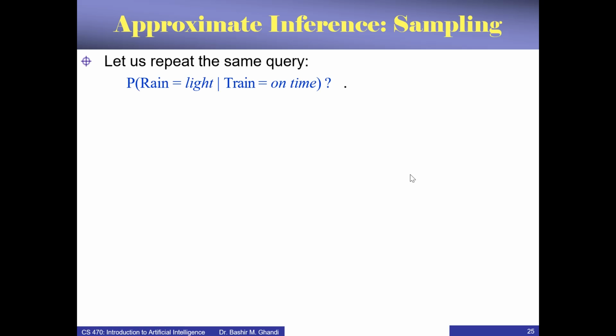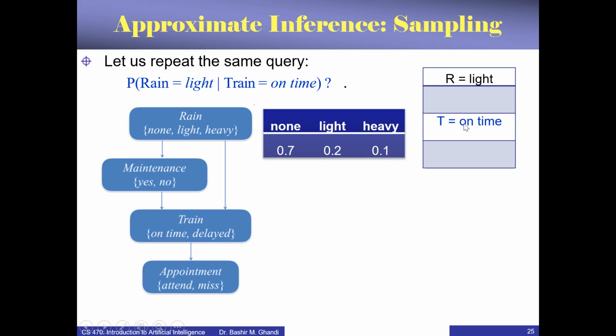So if we repeat the same query as before, what is the probability of light rain given that the train is on time? In the case of likelihood weighting, we're going to fix this variable. Train on time is not going to change. We will just sample the rain.